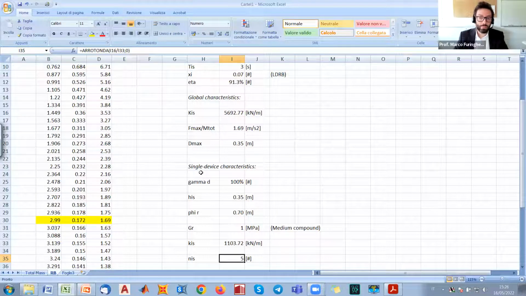But here we are providing the number of isolators. So if we install fewer isolators, we have a lower value of stiffness, so we get a larger period, a larger period shift. So maybe it's better to lower the number of isolators instead of increasing it.